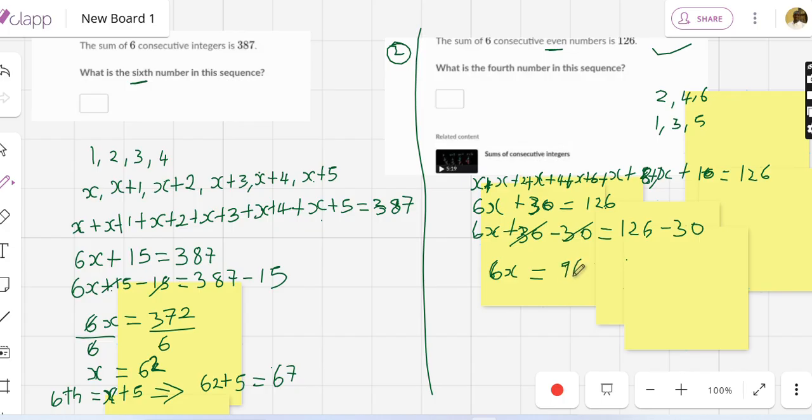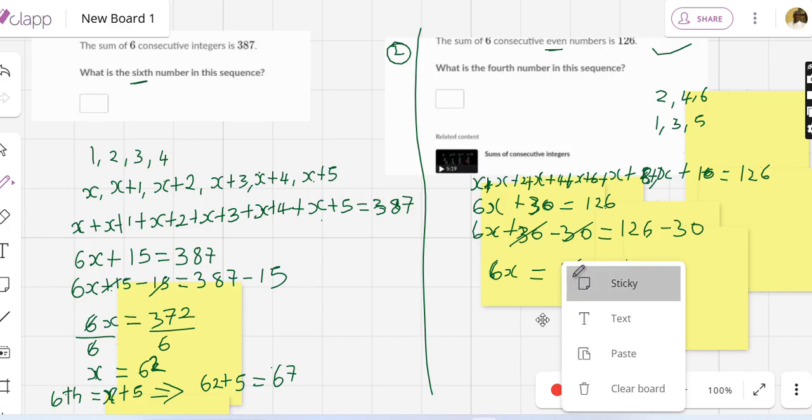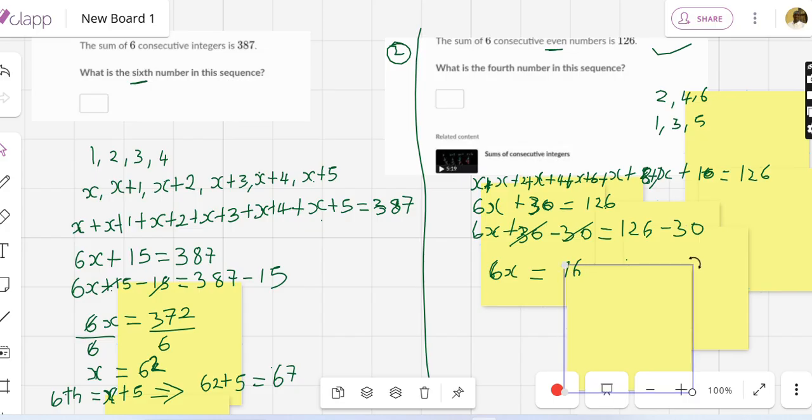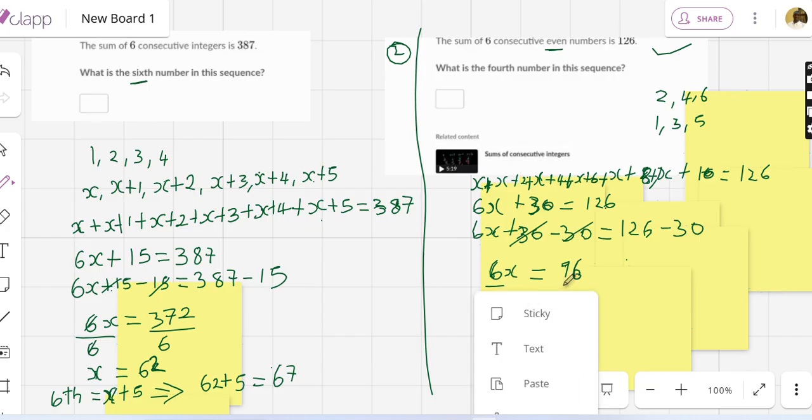So how do we make our x standalone? Easy. We divide both sides by 6.